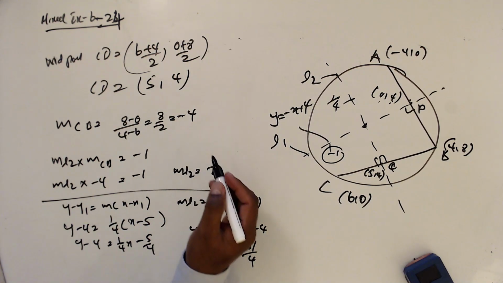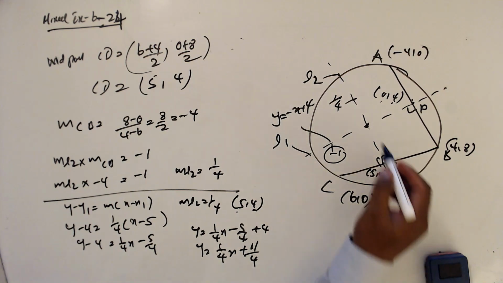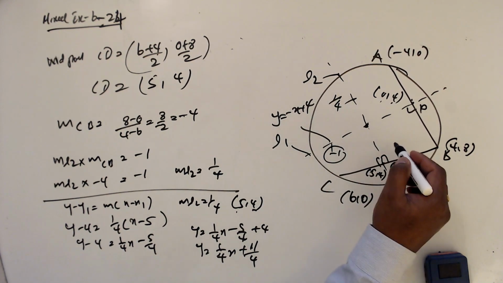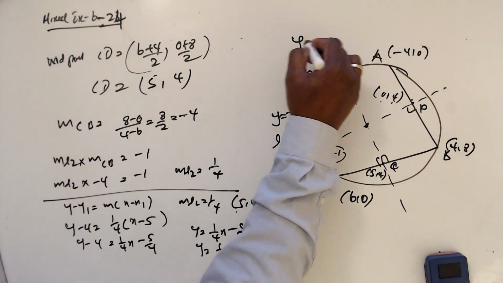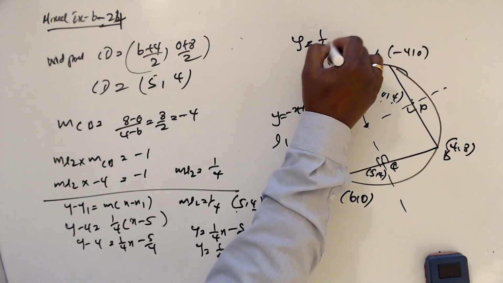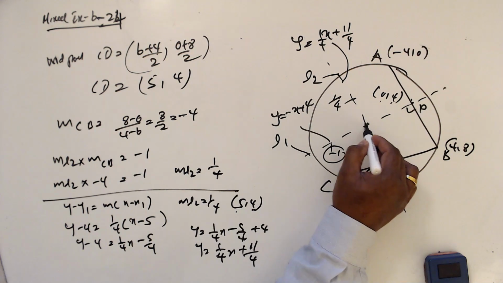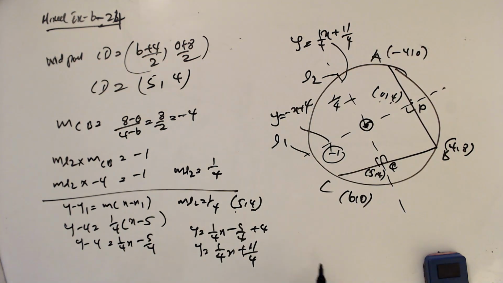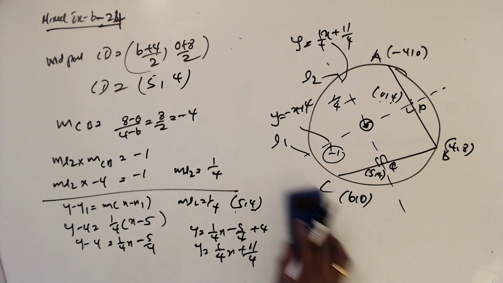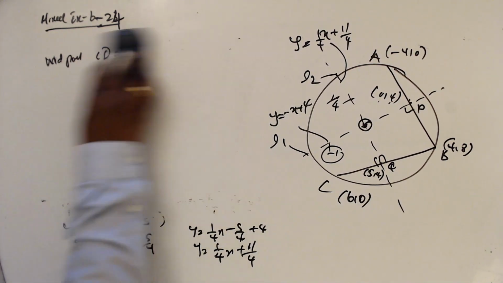So now we have two equations: y equals minus x plus 4, and y equals 1 over 4 x plus 11 over 4. When you solve those two equations, we will get the center. Now we'll solve these two equations.